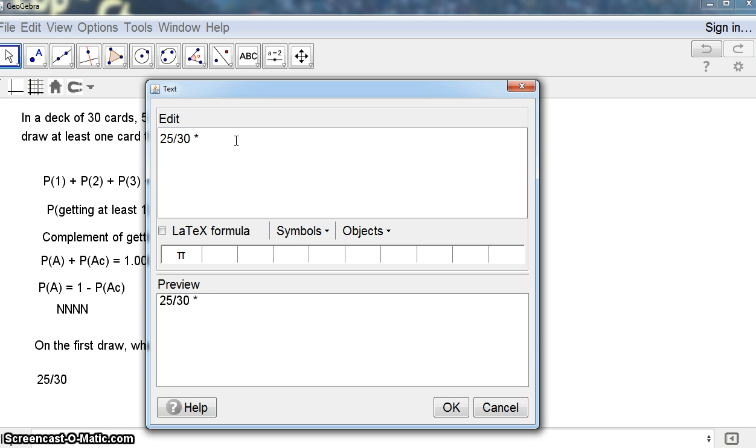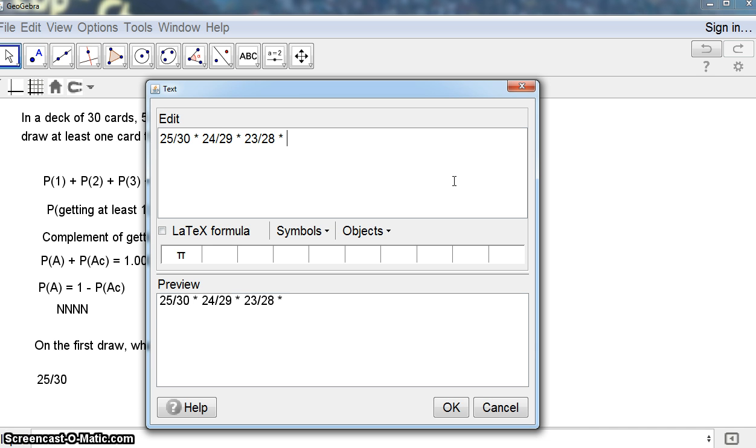The next draw, there's 1 less card that doesn't cost 1, and there's also 1 less card total, so we're down to 24 out of 29. If you imagine we've already taken 1 into our hand, there's only 29 cards left to choose from. Of those 29, only 24 are cards which do not cost 1. You can see where this is going, hopefully.